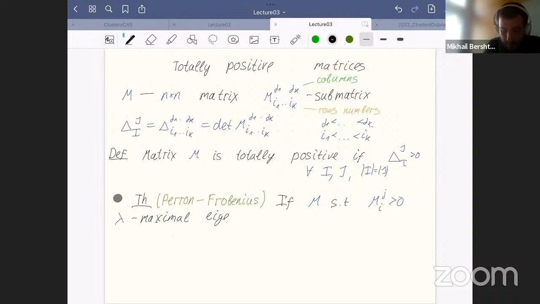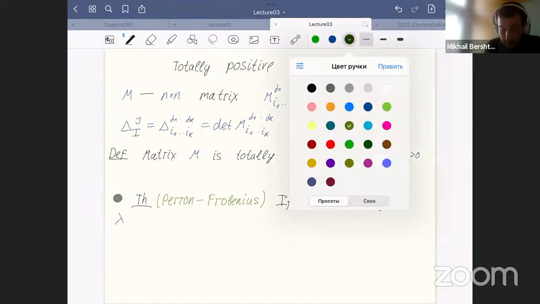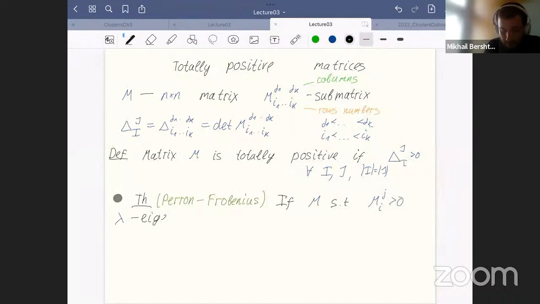eigenvalue by the absolute value of lambda, the eigenvalue with maximal absolute value, then the following are true.